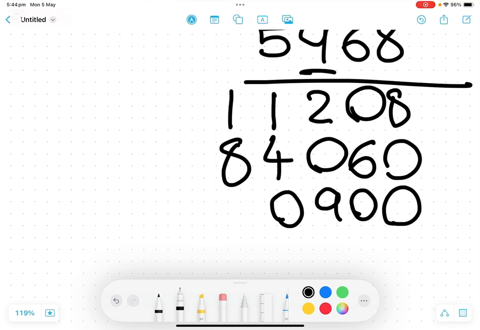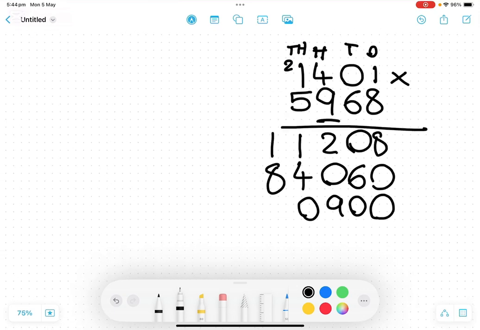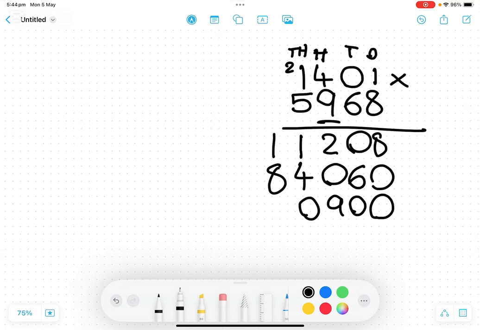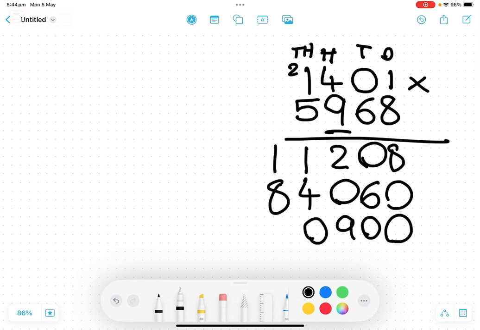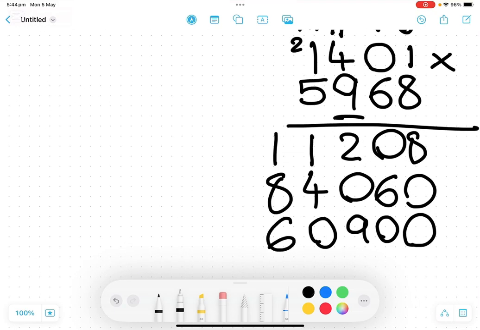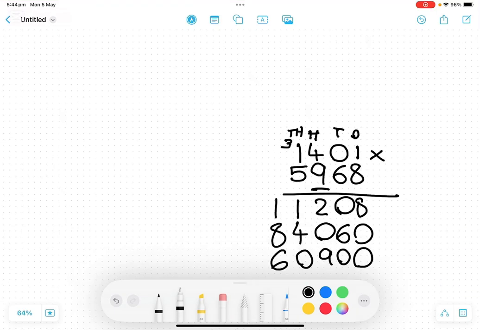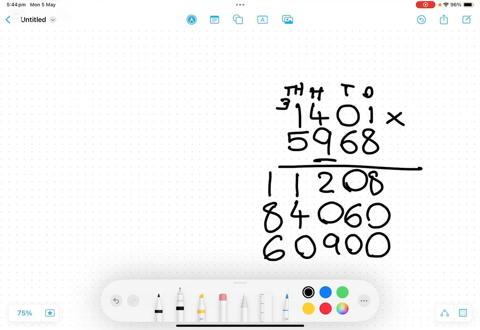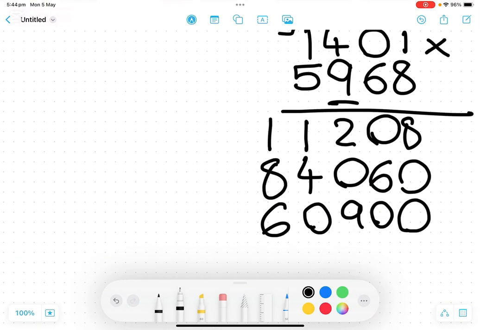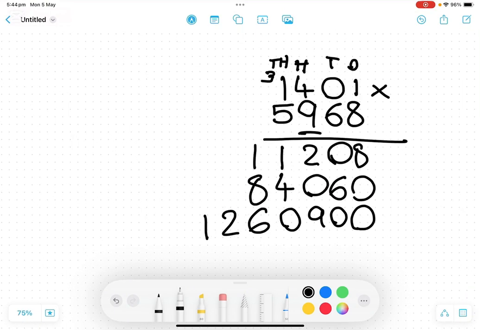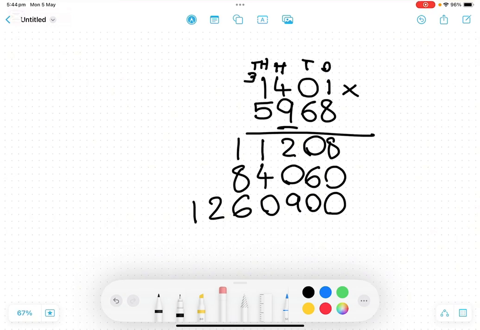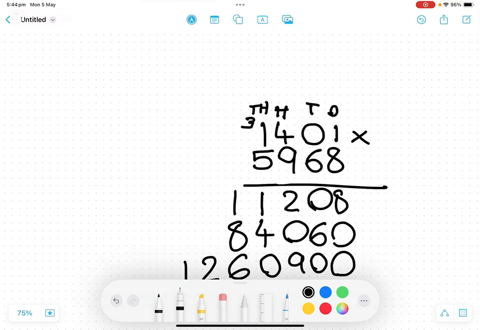This is future me talking, by the way, so that's why it's a little bit delayed. Okay, anyways. So I'm gonna put the 3 there. And then 9 times 1 is 9, and then plus the 3 is 12.